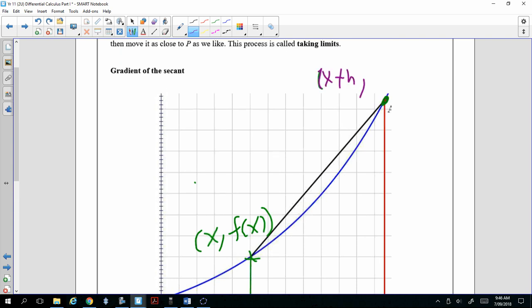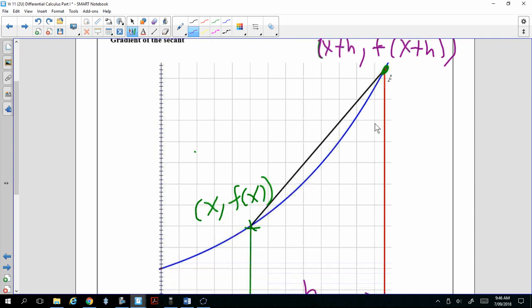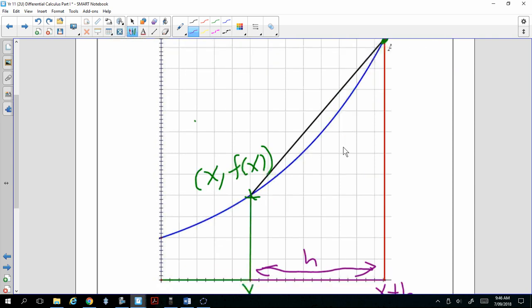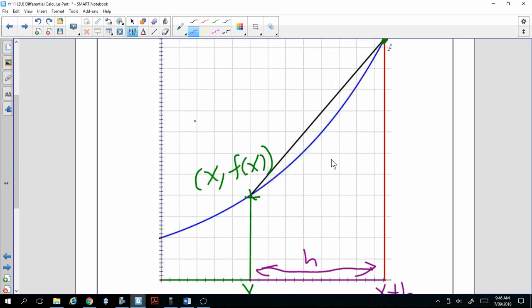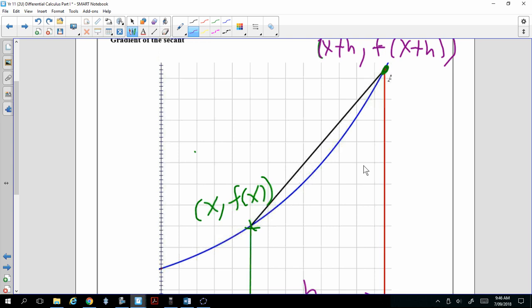So now, like before, we're going to find the gradient. Let's write it here. So that's Q, that's P. The gradient of PQ, or QP, m_PQ equals y2 minus y1 over x2 minus x1.